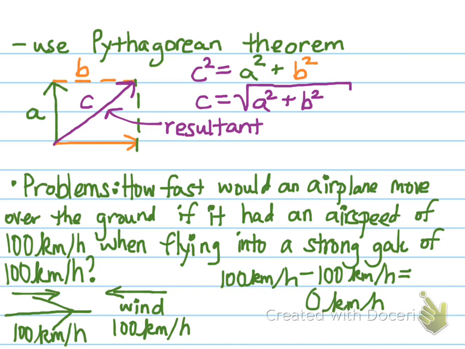On the ground, it would appear that the plane is not moving. Relative to the earth, the plane is not moving. There is no ground speed. Probably don't want to be on that plane. It's going to make for an awfully long ride.